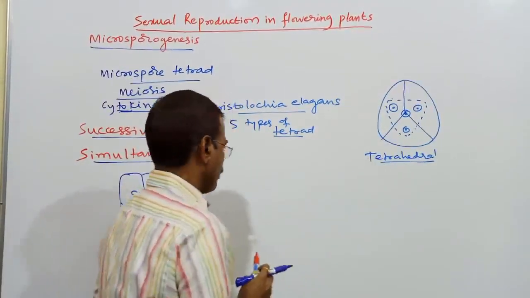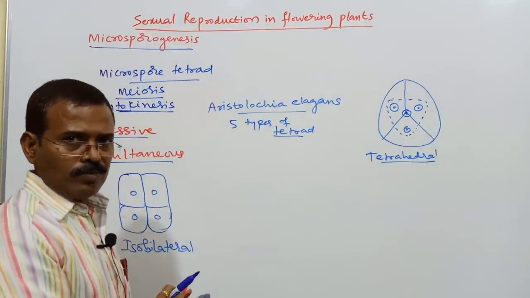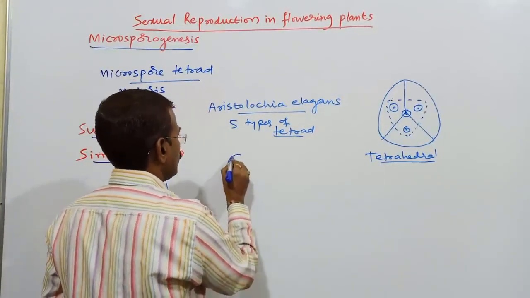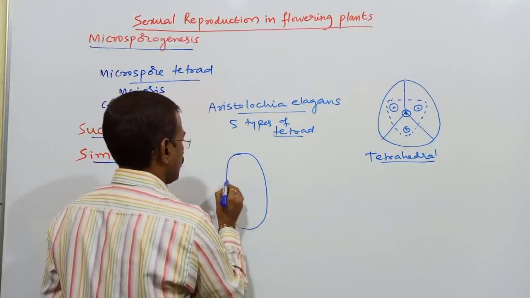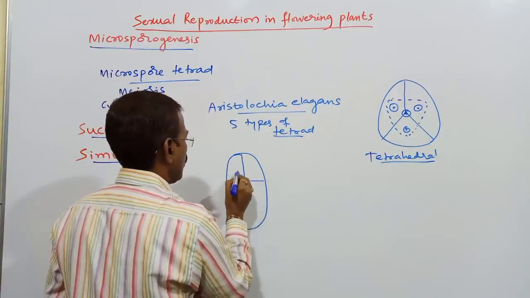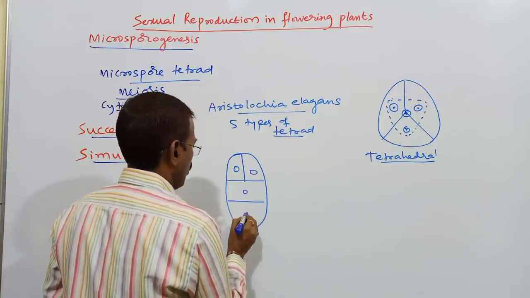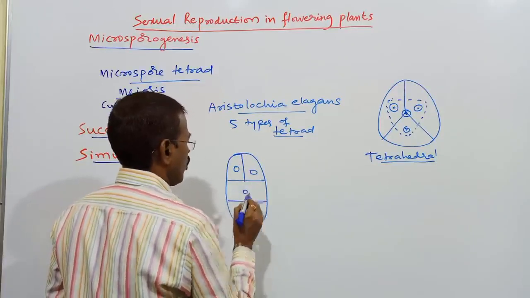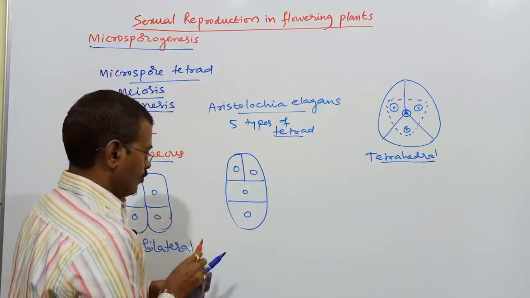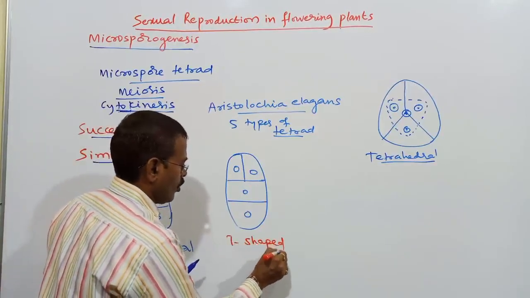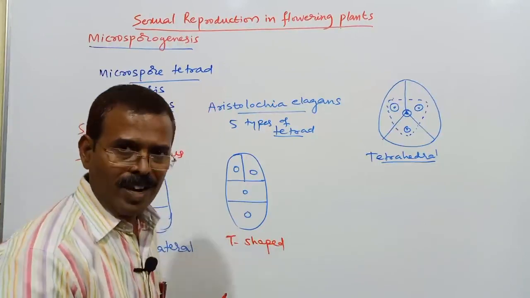Tetrahedral, isobilateral, then this is T-shaped tetrad.